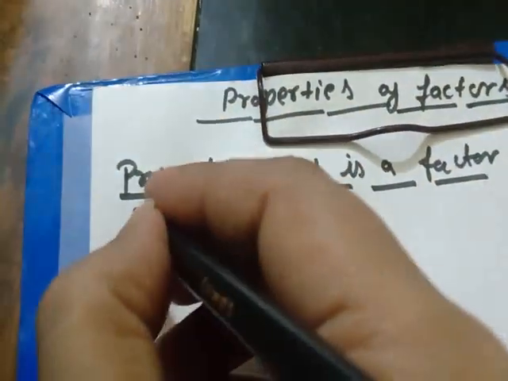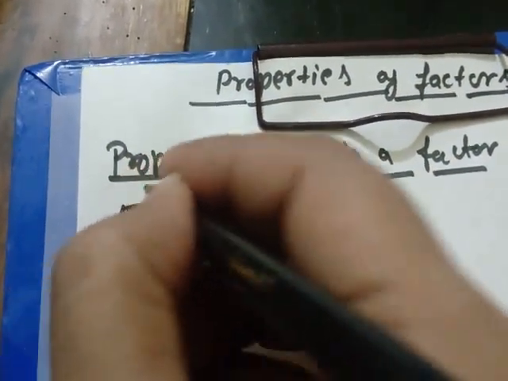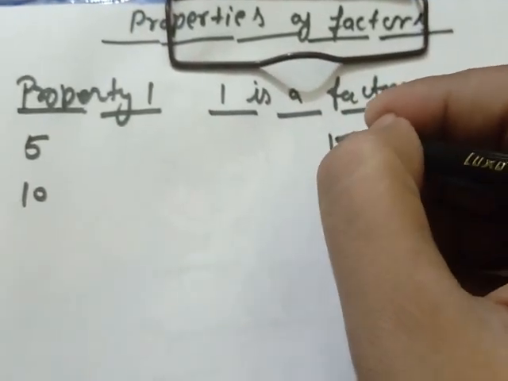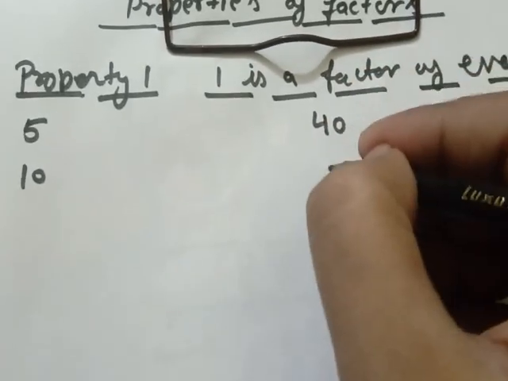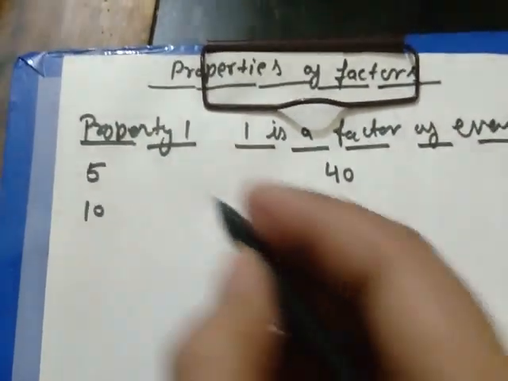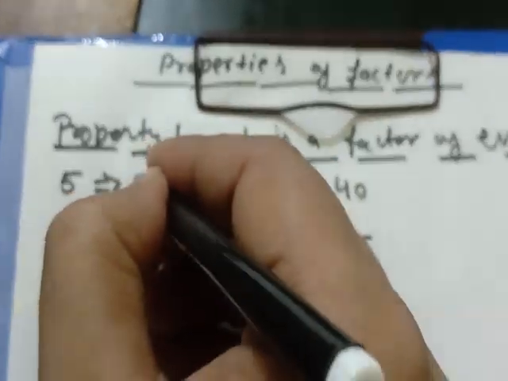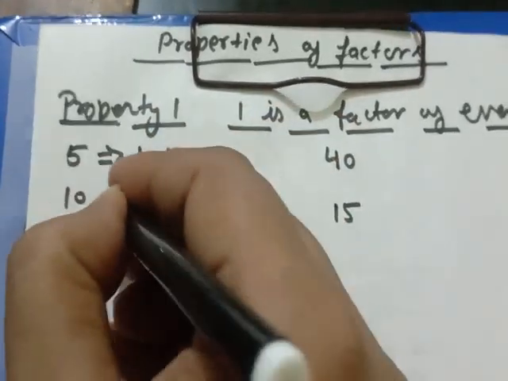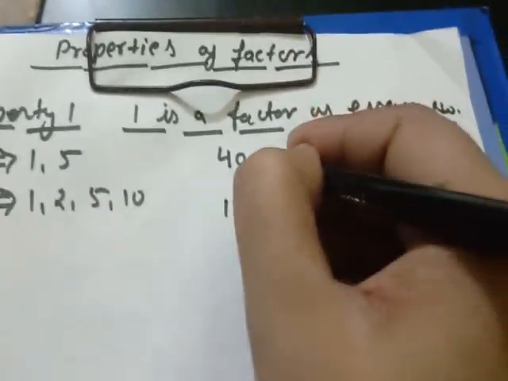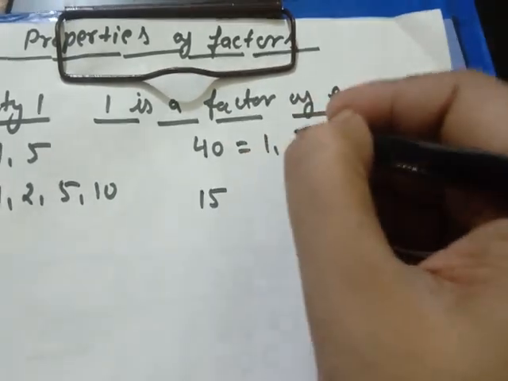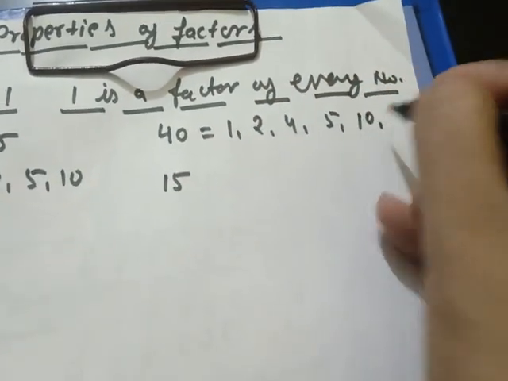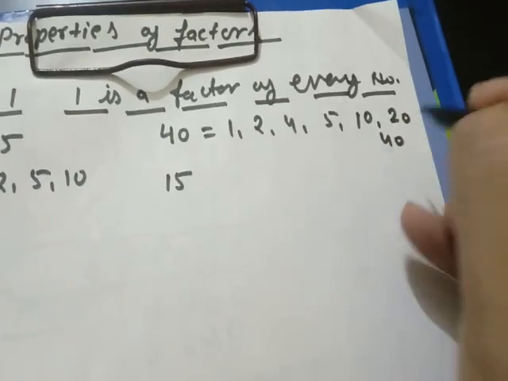Suppose I take some examples: 5, 10, 40 and 15. Now find out the factors of 5: 1 and 5. Factors of 10 are 1, 2, 5 and 10. Factors of 40 are 1, 2, 4, 5, 10, 20 and 40.